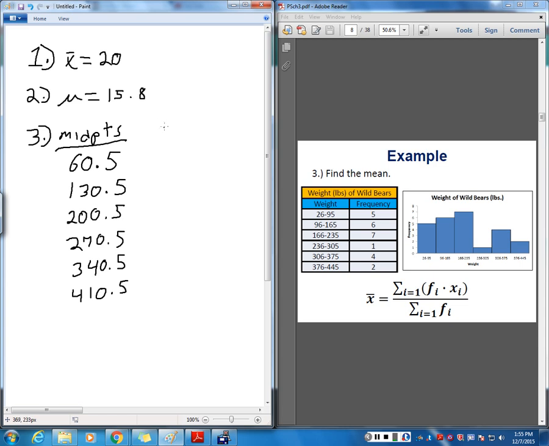Now the frequencies are the same ones from the frequency distribution or from the histogram, since they give us the same data. The process is the same for both. Now, if I were finding these with as little calculator help as possible, I would multiply each midpoint by the frequency.